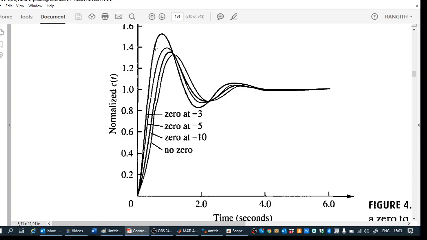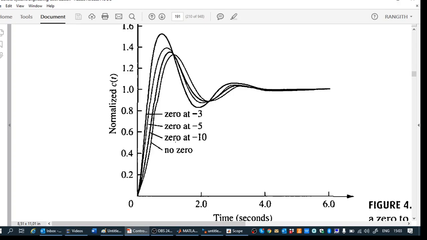But for the time being, what we need to understand is that having a 0 in the numerator, if it is close to the origin, creates a higher percentage overshoot. Whereas the further it goes away from the origin, the lower the percentage overshoot becomes.